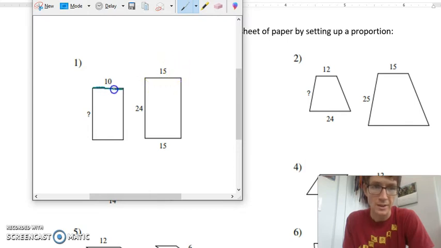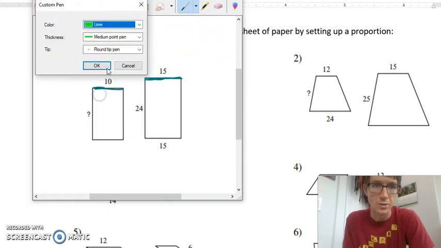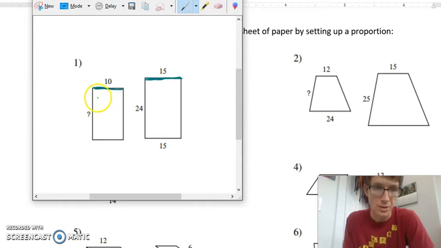This 10 is corresponding to the 15. I like those in blue. And then the question mark here is corresponding to the 24.